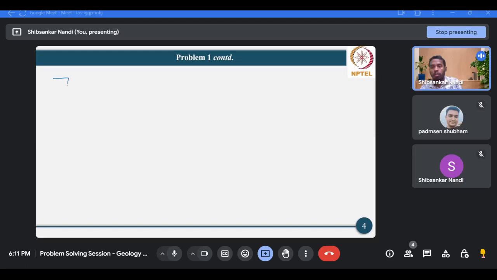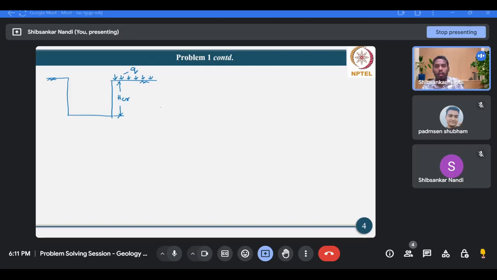So suppose this is the trench. This is the surcharge Q, and suppose this is the maximum depth of unsupported excavation; we can denote this height or depth by HCR.